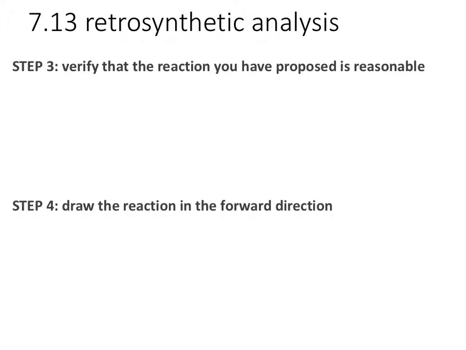So let us verify that these substrates and reagents will work, and that is the step 3 of retrosynthetic analysis. So we propose two substrates. One is this and the other is this. Okay, let us treat the first with a strong base, and I'm just going to choose DBN for that.